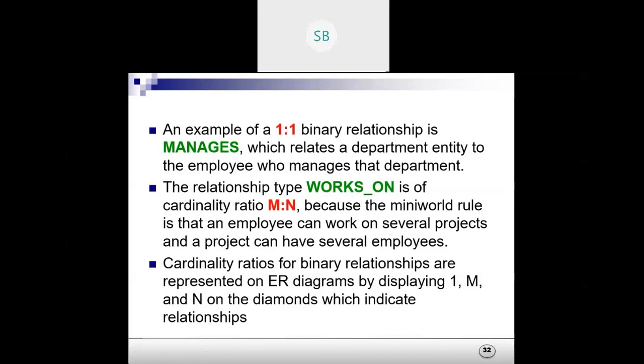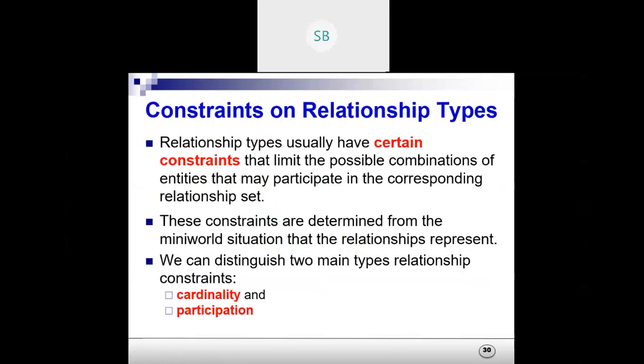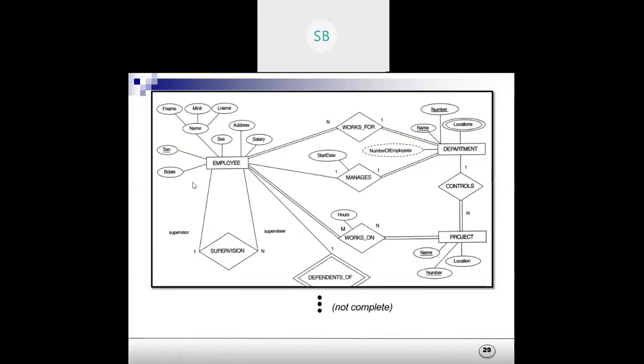Now, by going through it, we know that the cardinality is represented using these three letters, either 1, m, and n. Now let's go back. See, one employee, one supervisor, there can be n number of supervisees.